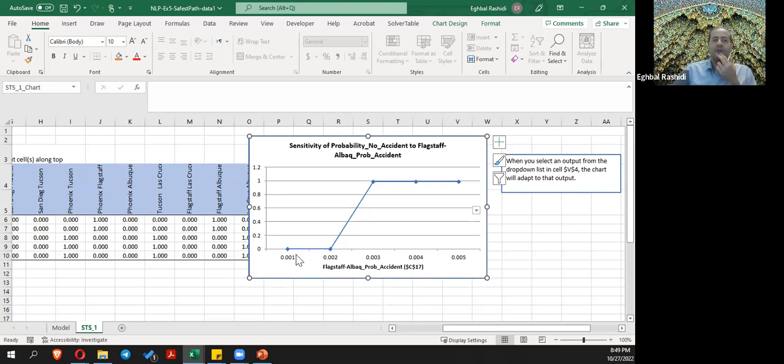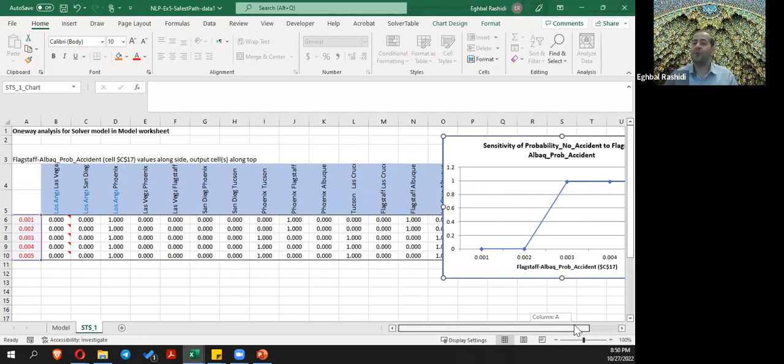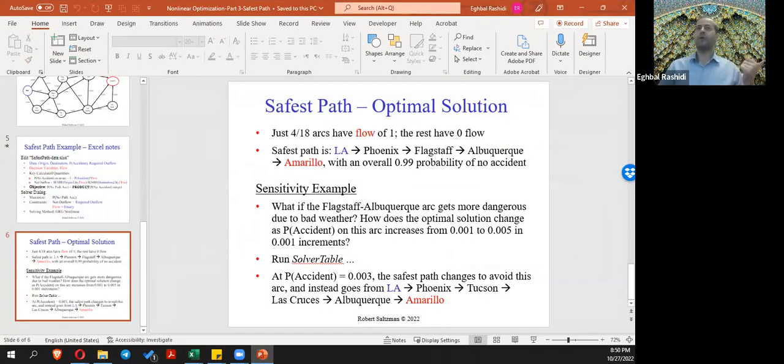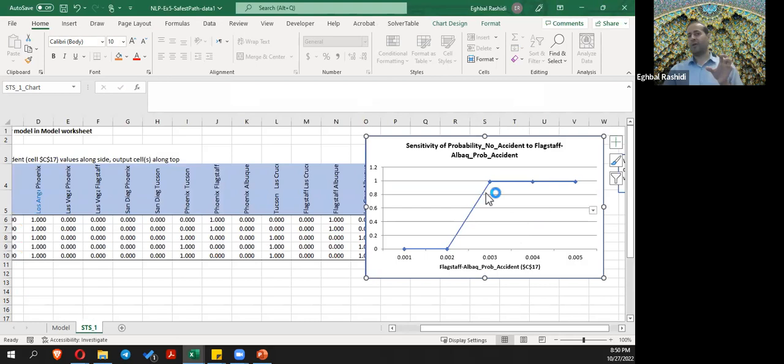As you can see here, by increasing the probability of having an accident, the probability of not having an accident increased for our safest path, until a point at Flagstaff to Albuquerque. When the probability of accidents increased to 0.03, it actually became unsafe.